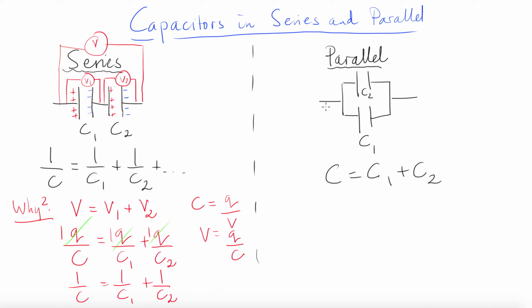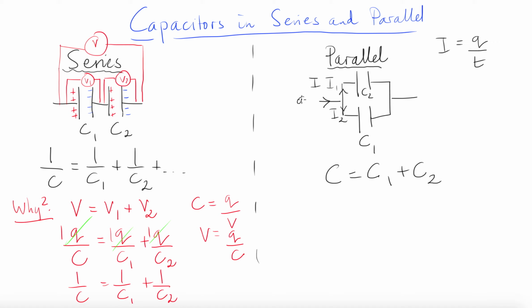However, when we connect the circuit in parallel, I know that the current flowing through here is split down these two branches into I1 and I2, because current is charge divided by time.